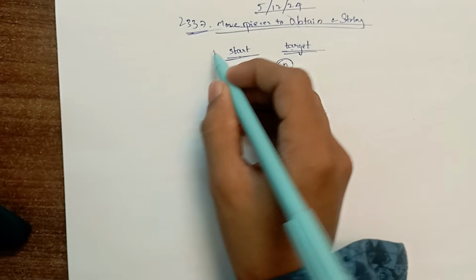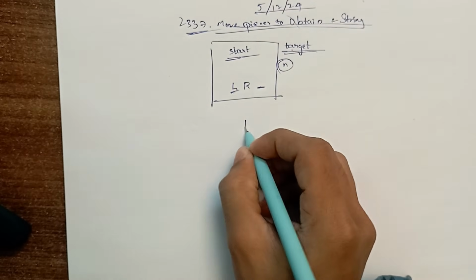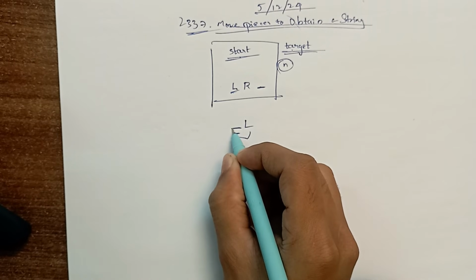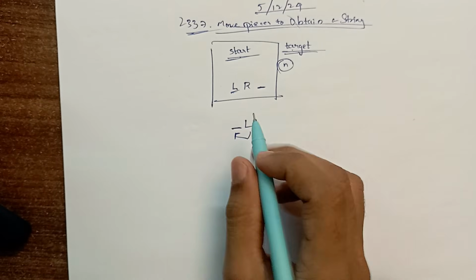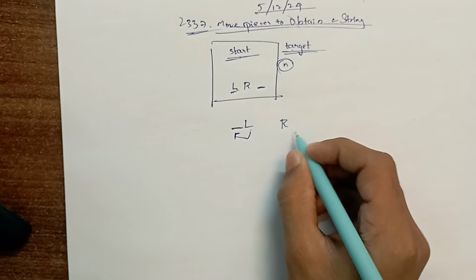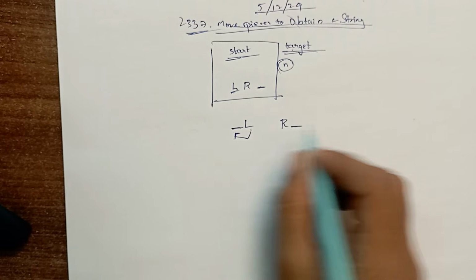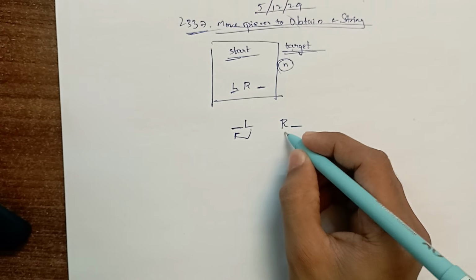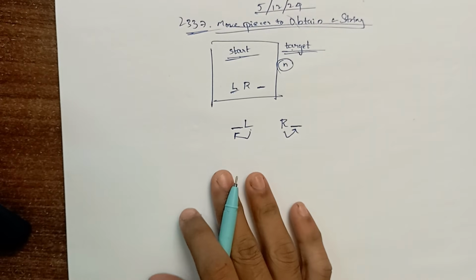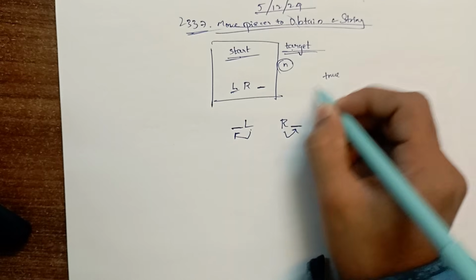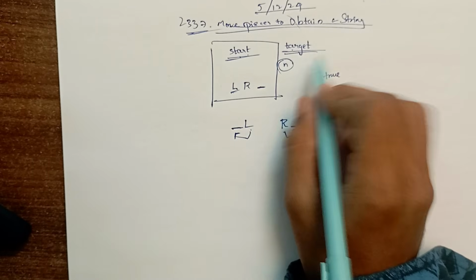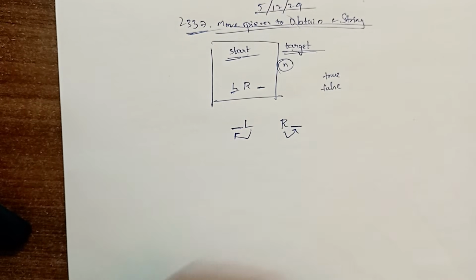In the start, we can move an L to the left only if the first left character is an underscore, and R can be moved to the right only if the first right character is an underscore. We need to return true if we can transform start to the target, or else false.